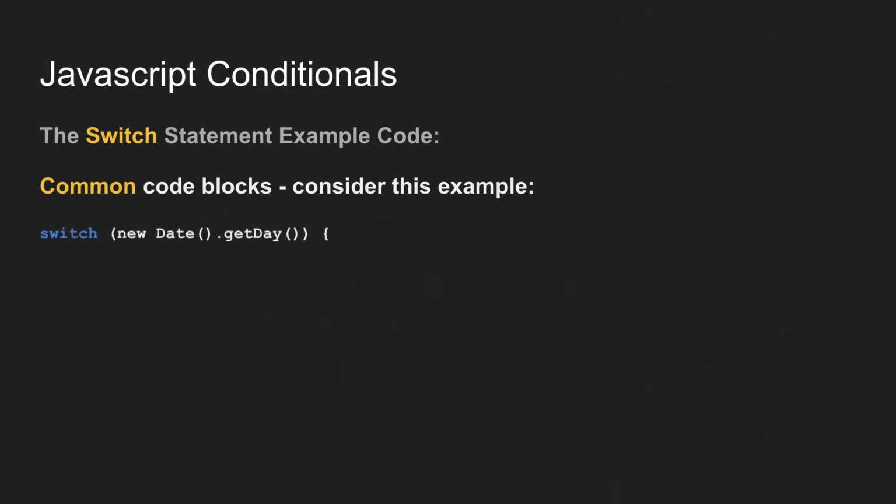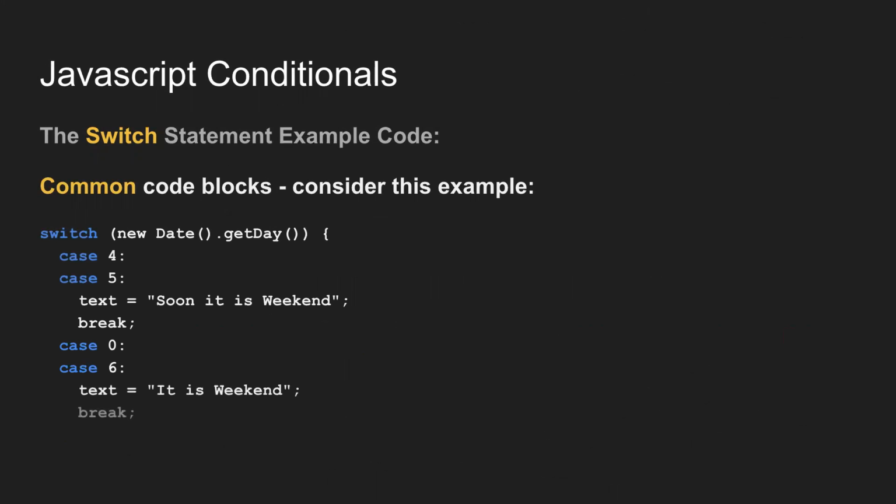Let's talk about some common code blocks here. Consider this example. We have the new Date getDay method. This is the expression, and getDay will return whatever today is.